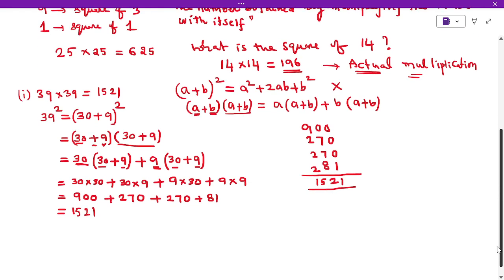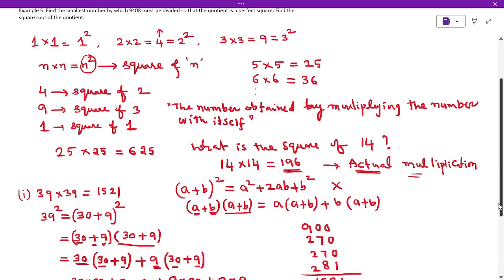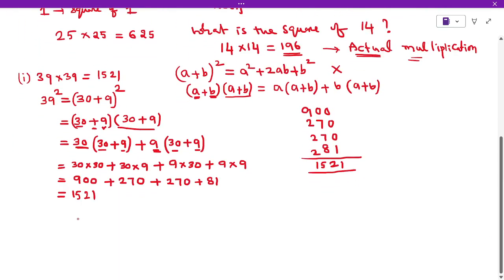Clear? Now we will move to the second question. Then we have one more, square root. Let me explain the meaning of square root. Generally we use this symbol, the square root symbol, and then we write the number here.